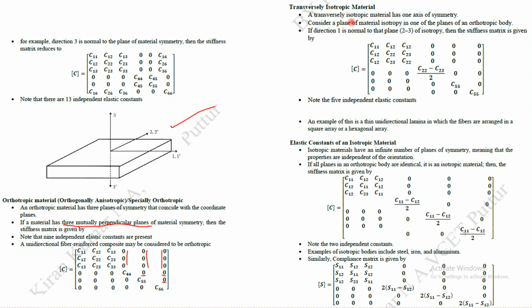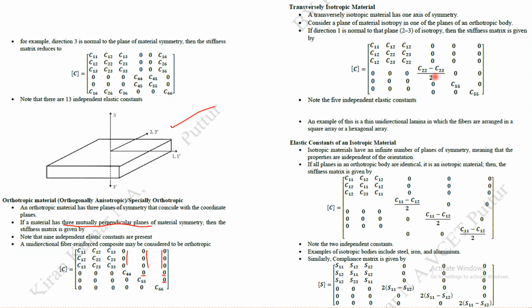Likewise, if you go for transverse isotropic material, in which direction 1 is normal to the plane of isotropy, that is 2 3. In this condition, the term which relates shear strain to shear stress, we can relate with the engineering constants C22 and C23.